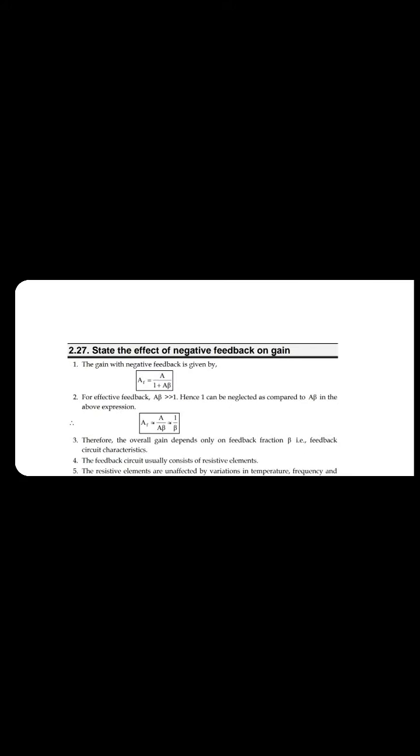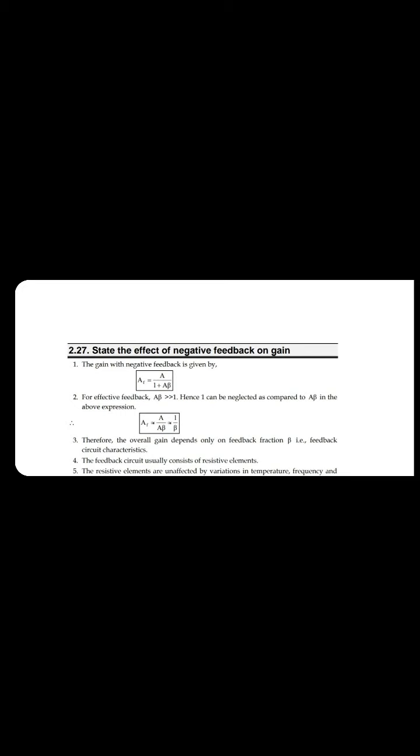Next topic we have to discuss: state the effect of negative feedback on gain. The gain with negative feedback, we already derived the expression: AF, the overall gain, equals the open loop gain divided by 1 plus A beta.